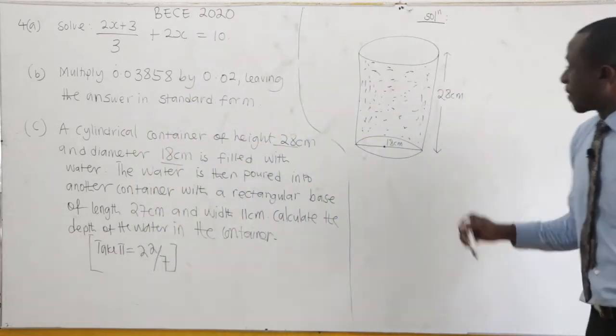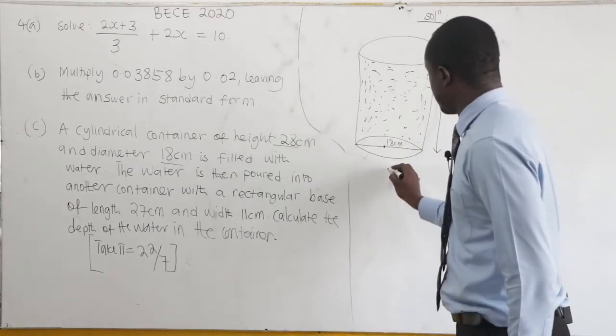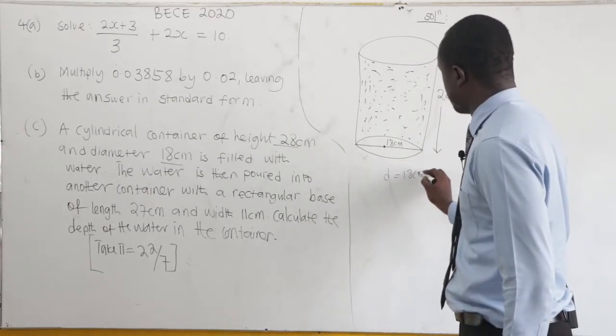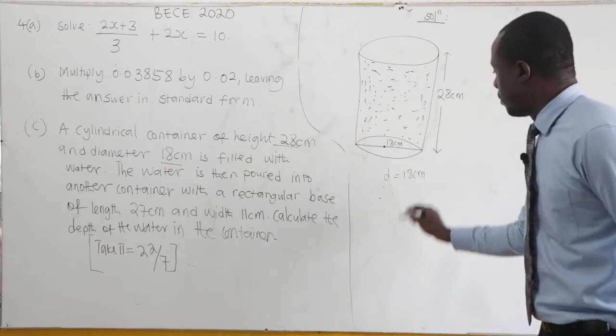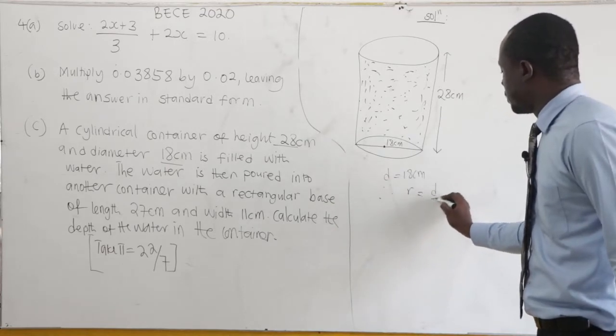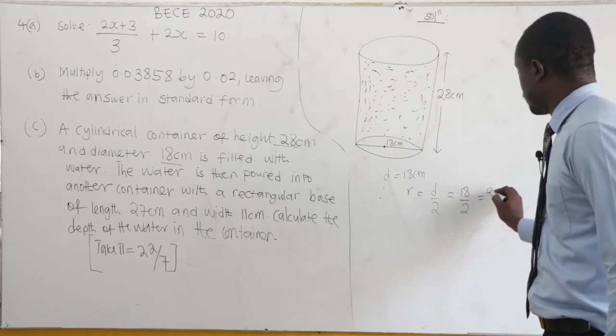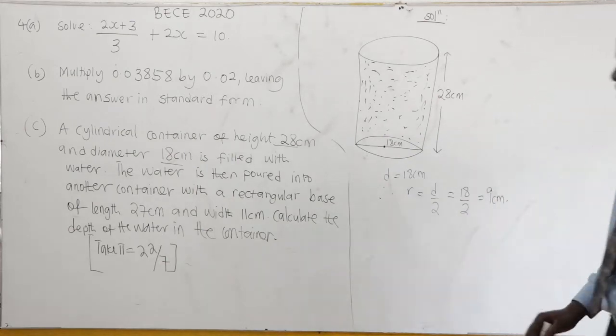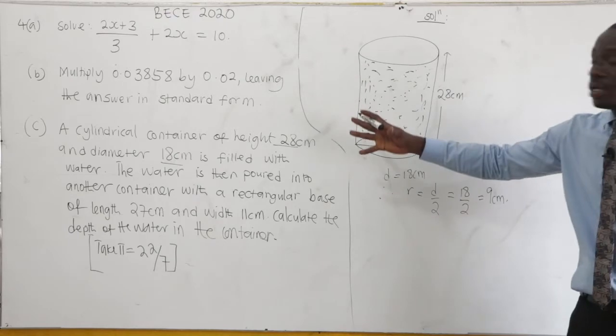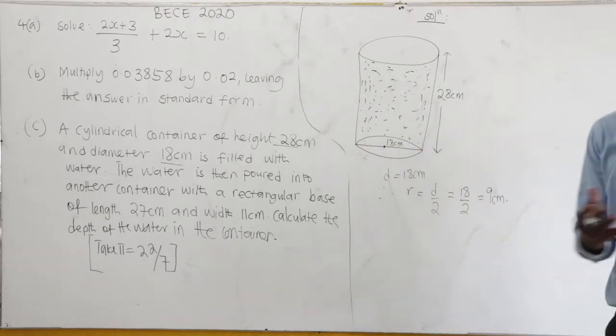Now, so here clearly, if the diameter is 18 centimeters, what do you think will be the radius? Our radius is just diameter over 2. So that is 18 over 2, and this is giving us what? 9 centimeters. Now, this is poured into a container which has a rectangular base.